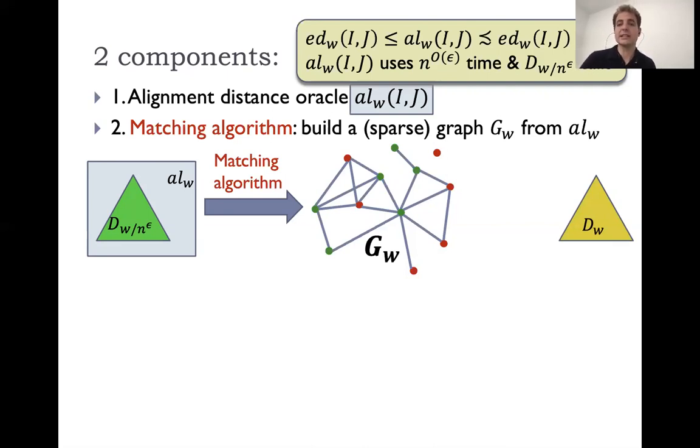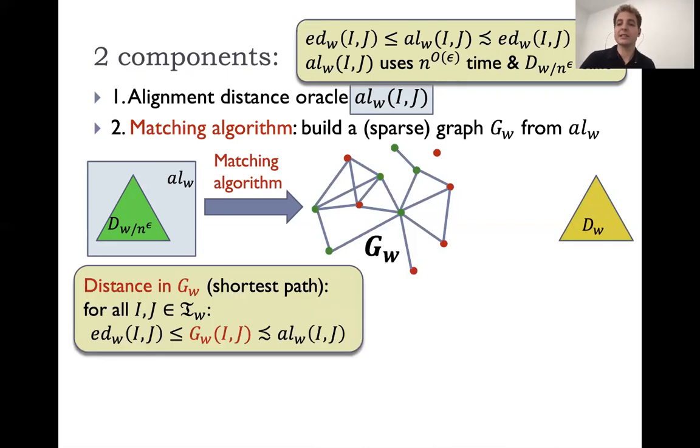So it will give the same guarantees as we would like to have, meaning that for all pairs of intervals, we will have a strict upper bound on the edit distance, and we will have a lower bound, which is bounded by this AL_W(I, J) distance.